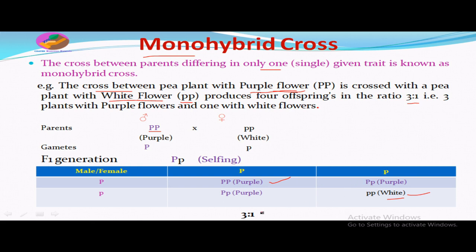So in this cross, the offspring are formed in the ratio 3:1, 3 purple and 1 white.